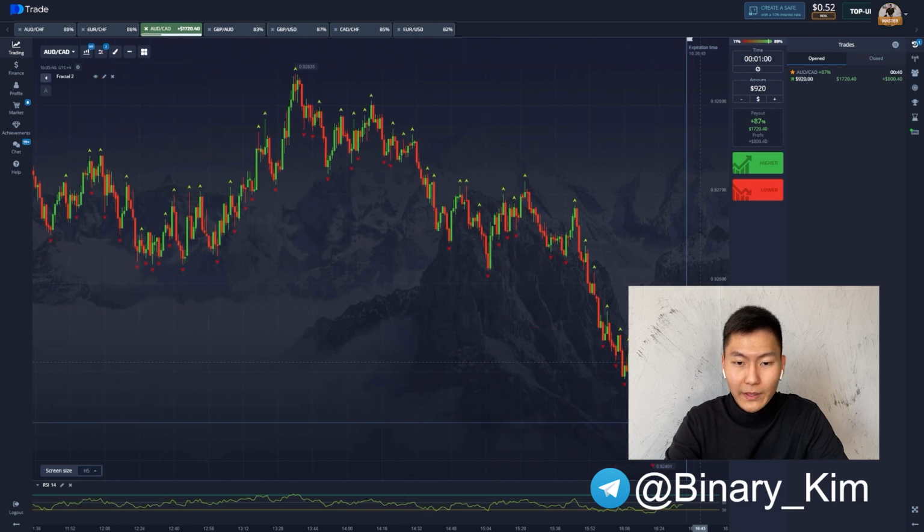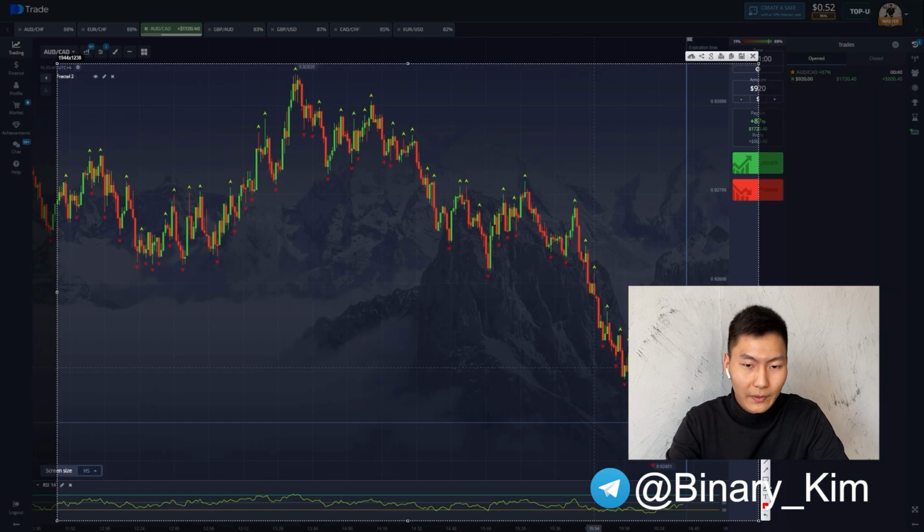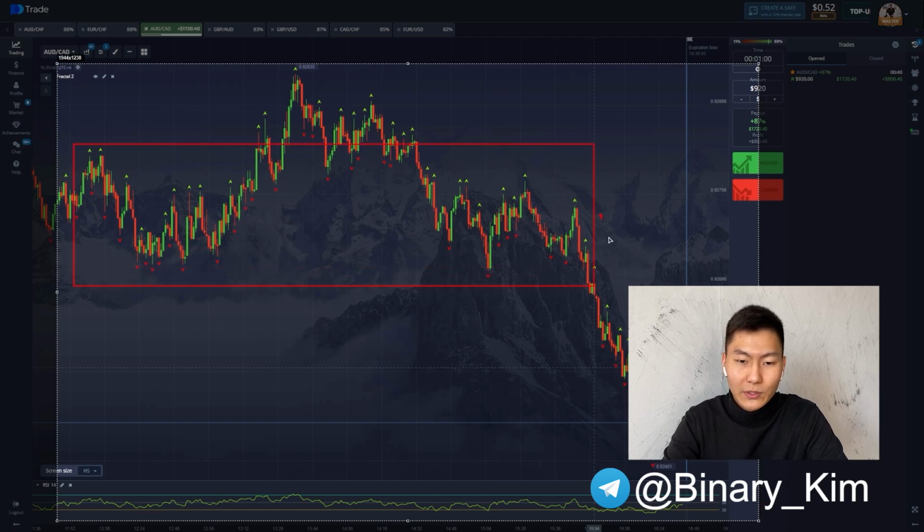We observe a kind of sideways here, after which the breakdown has happened. The downward trend showed up, and there are 20 seconds left before the closing. And as I said earlier, the chart showed a move upwards.